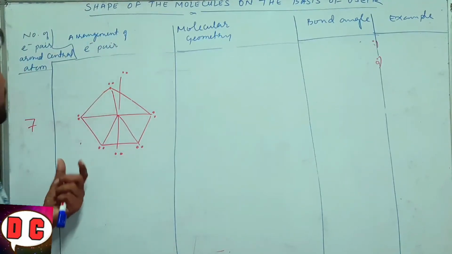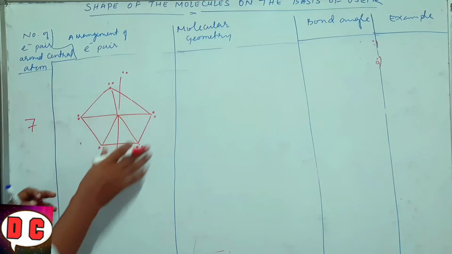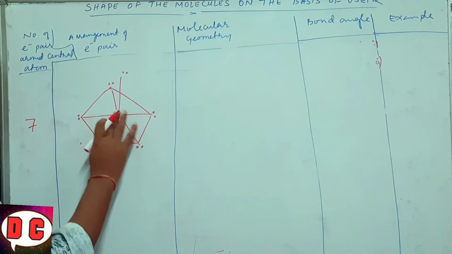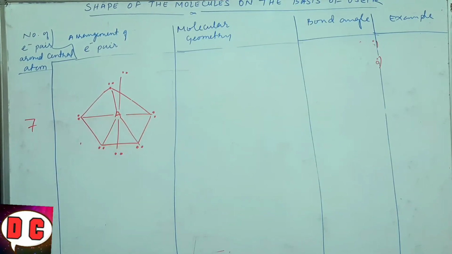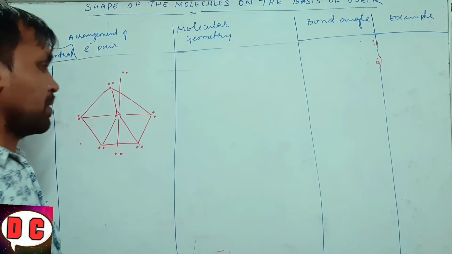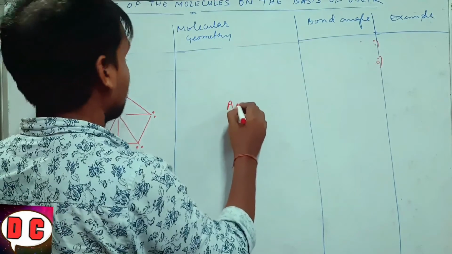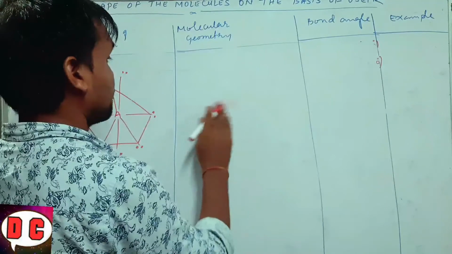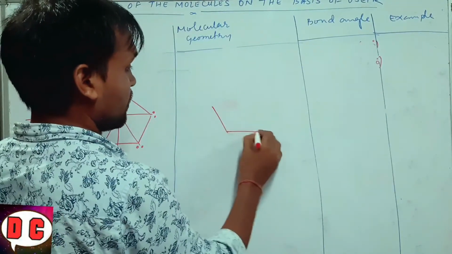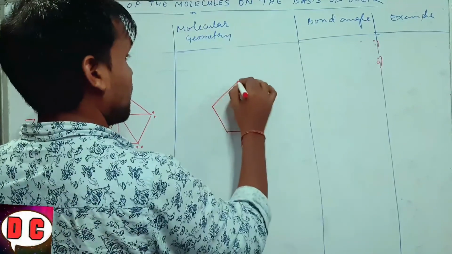So this is the arrangement of electron pairs for 7 electron pairs. So what will the geometrical structure be? The geometrical structure will be drawn in this way.